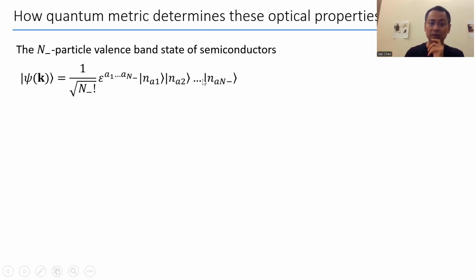You put it in this fully anti-symmetric Slater determinant, and then you can construct one single state for all the valence bands that respects the Fermi statistics.